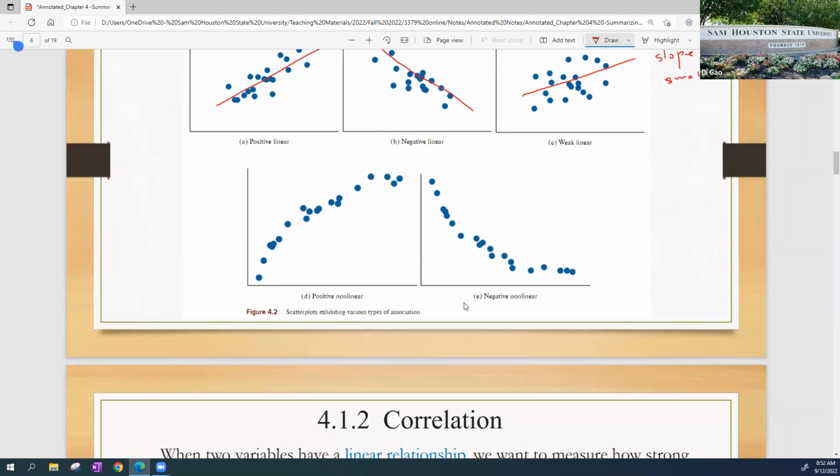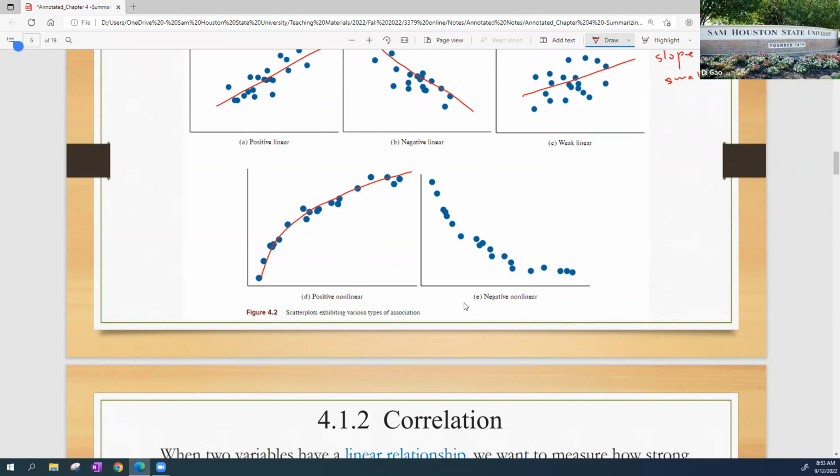Then let's look at D, right? So it is a positive association. So x getting larger, y getting larger. However, it is not linear because if we draw a line following the trend of the data, it is not a line. It's more like a curve.